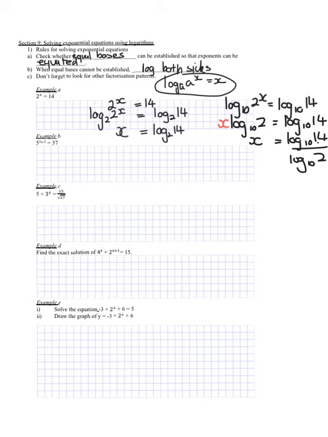If we look at this bit, we've worked out x here, and we've worked out x here. So hopefully you're happy for me to say then that if x is equal to x, that has to equal that. So that tells me that log base 2 of 14 equals log base 10 of 14 over log base 10 of 2.